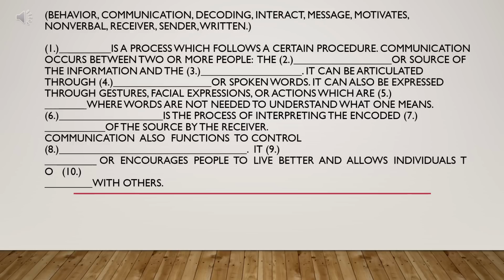It functions to control behavior. It blank, or encourages people to live better and allows individuals to blank with others. Okay. It what? What's the answer? It motivates or encourages people to live better and allows individuals to what?